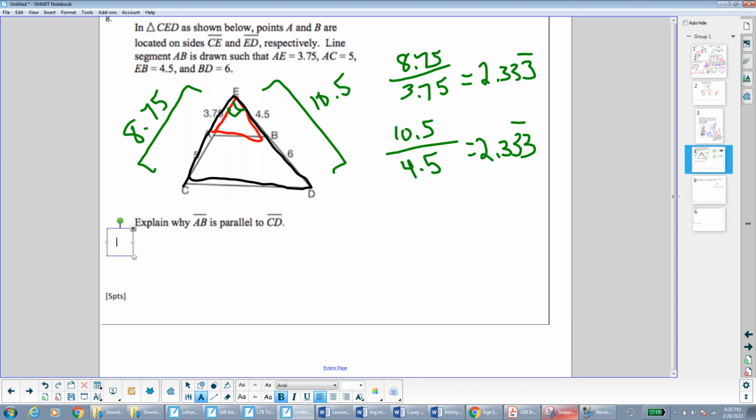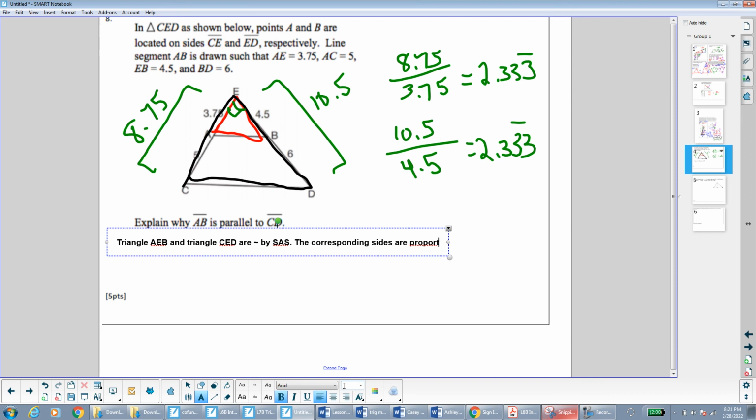I'm going to write triangle AEB and triangle CED are similar by side angle side. The corresponding sides are proportional by the same scale factor, and our work above shows that.